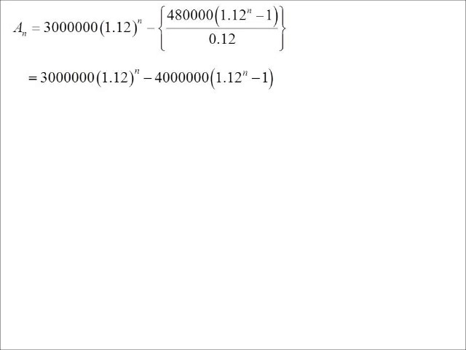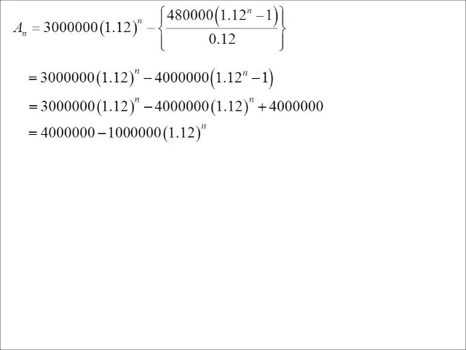Now, the way they wrote it, they had a number times 1.12 to the power of N. So I'm going to have to expand this out. And I can say, well, I've got 3 million minus 4 million, so that would be negative 1 million all up. And I get the expression that they wanted. Well, factorise out the million or the 10 to the power of 6, and we get there.